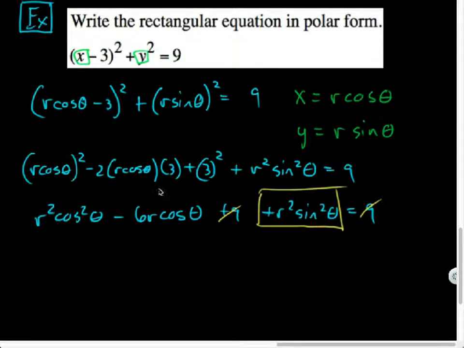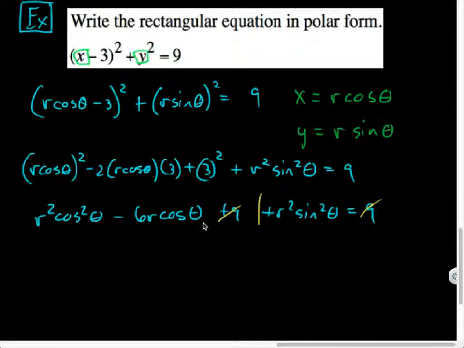I see this r squared sine squared, and I see this r squared cos squared. I think I can factor out an r squared from those terms, and I'm going to be left with cos squared plus sine squared. Or maybe it's more familiar to you if I write it as sine squared plus cos squared. Or maybe that's more familiar to you if I write it as 1. That's one of those Pythagorean identities from forever ago.